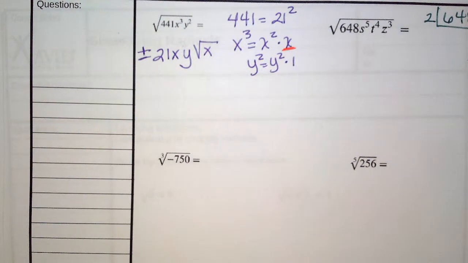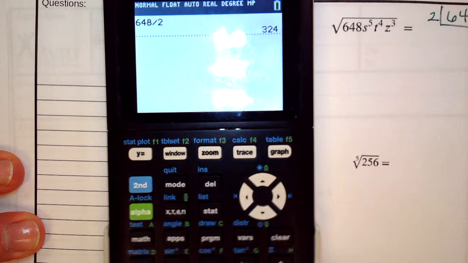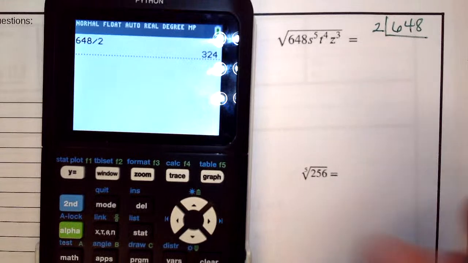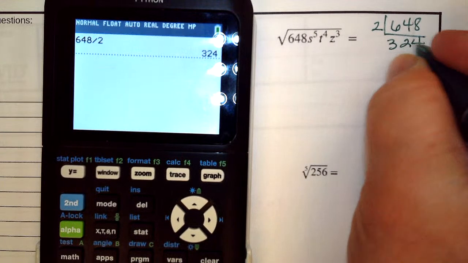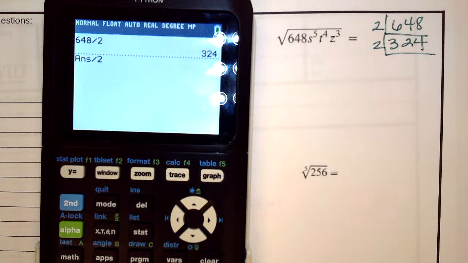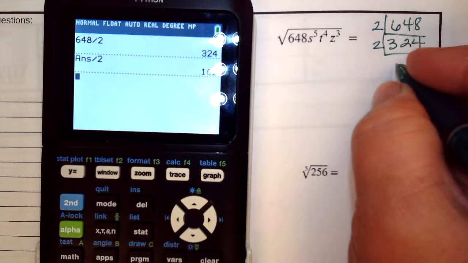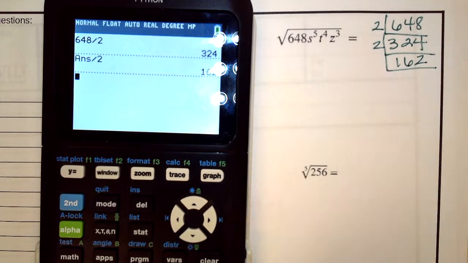In this case, because it's going to be quicker, I'm going to do it with a calculator. 648 divided by 2 gives me 324. It's even, so I can divide by 2 again. I get 162. 162 is even. Divide by 2 again.